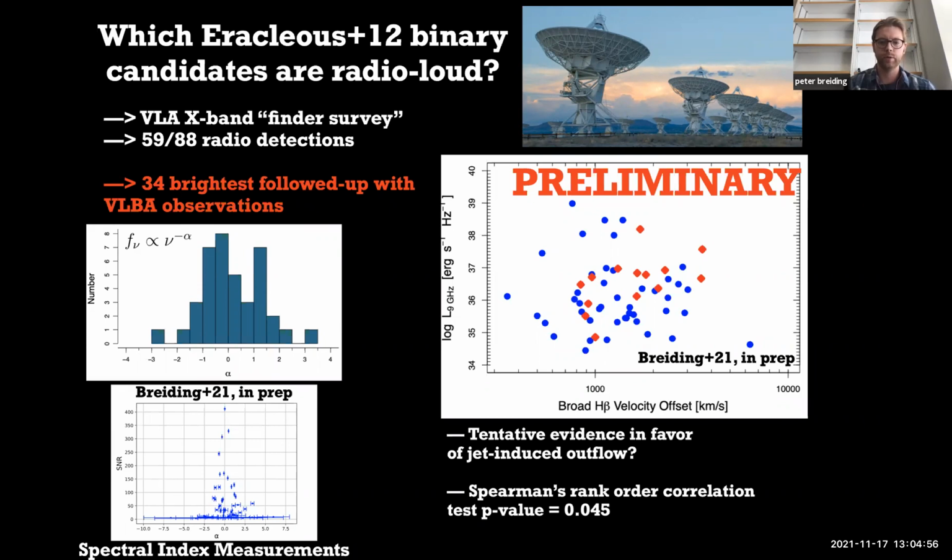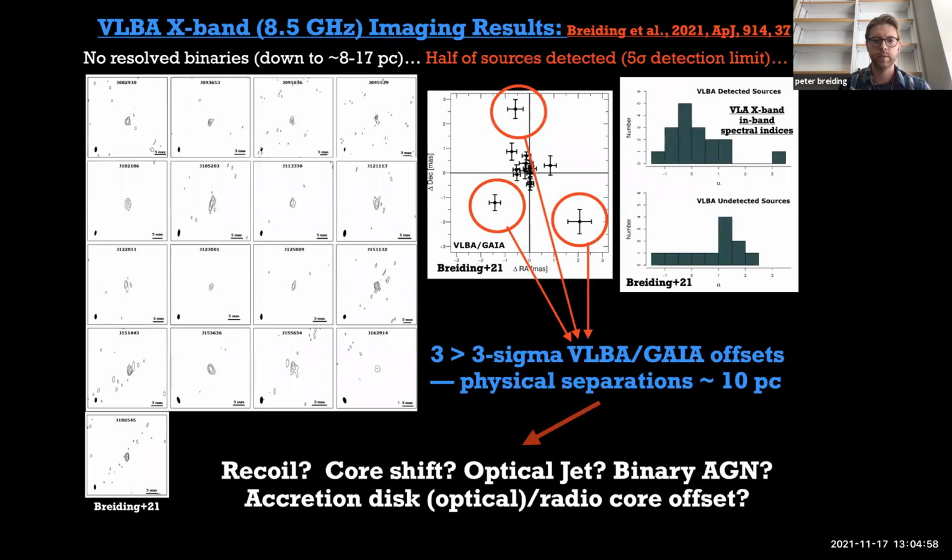But we dealt with this in the paper, and I don't have a slide on this. Basically, for these binaries, you have a few different possible scenarios. Our angular resolution wasn't fine enough, so we could have a binary that's still within the beam size of these VLBA observations that's just unresolved.